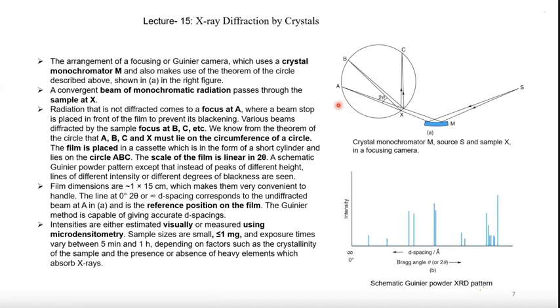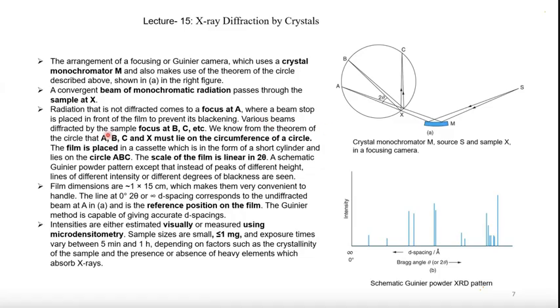detector. Here we can see a convergent beam of monochromatic radiation passes through the sample X, and the radiation is diffracted and comes to a focus at A, where a beam stop is placed in front of the film to prevent its blackening.